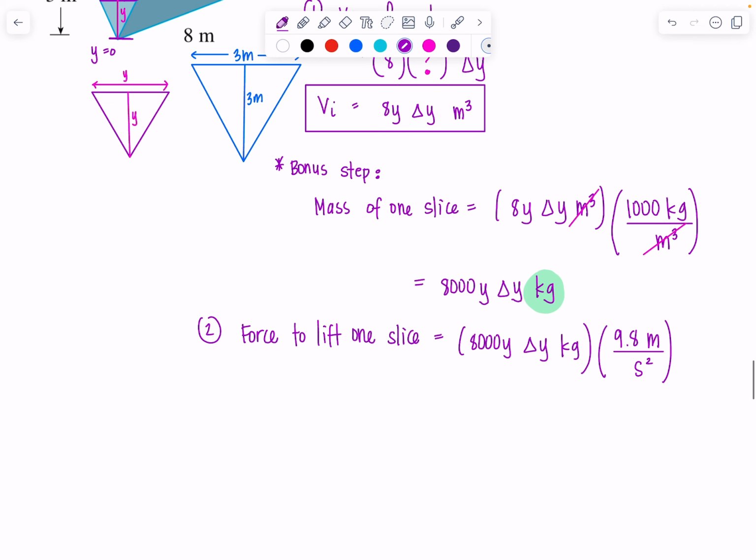Nothing cancels, but you go, I have kilograms times meters per second squared. All of that together is a Newton. Woohoo! And then 8,000 times 9.8 is going to give me 78,400 y, and then don't forget there's still delta y.